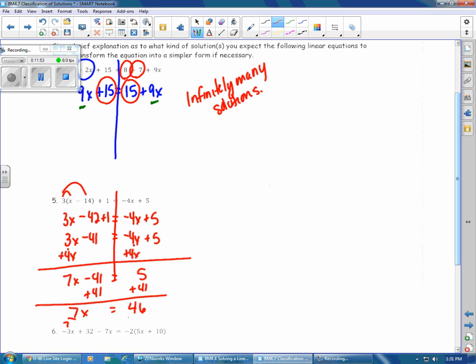Divide by 7, divide by 7, and x will equal 46 sevenths, or 6 4/7. I can take that number, plug it back in, make sure that it works.